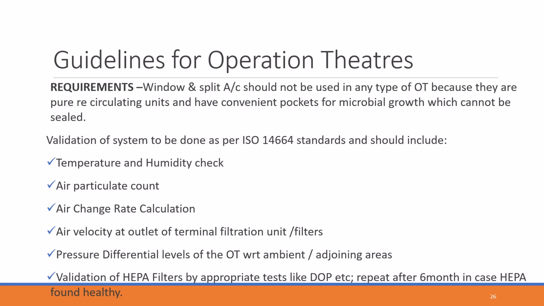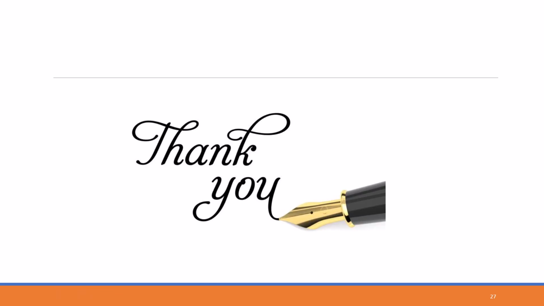Validation of the system is to be done as per ISO 14644 standards and should include temperature and humidity check, air particulate count, air change rate calculation, air velocity at the outlet of the terminal filtration unit or filters, pressure differential level of the OT, and validation of HEPA filter by appropriate tests like DOP, etc. Repeat after 6 months in case the HEPA is found healthy. Thank you. This is all about the infection prevention practices.